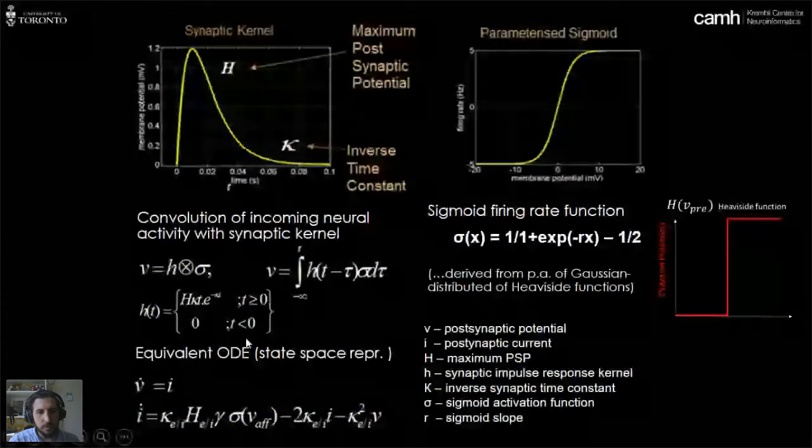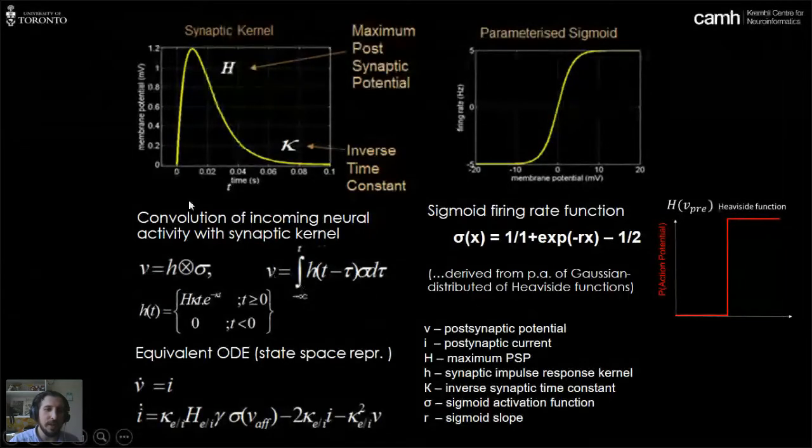When we're working with these systems numerically, typically we'll be writing down equations like this, but it's arguably easier to understand what's going on in terms of the integral form of the synaptic kernel.